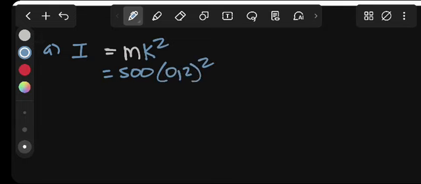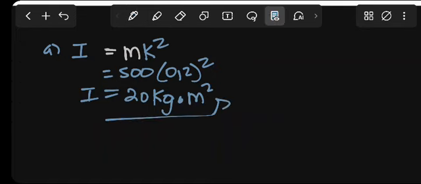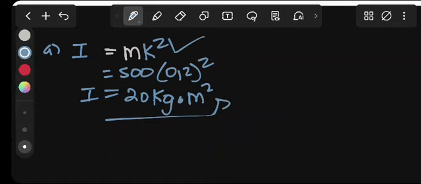You square this, then our moment of inertia will be 20, measured in kg per meter squared. So this is how you calculate the moment of inertia, this is the formula, guys.